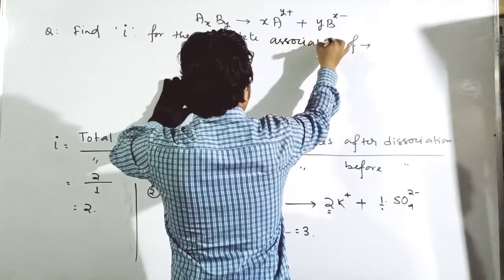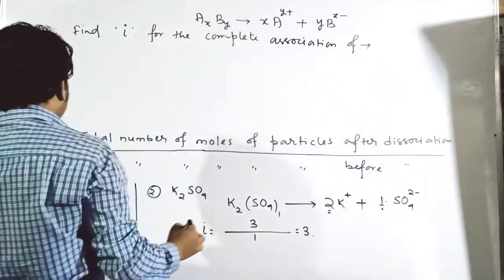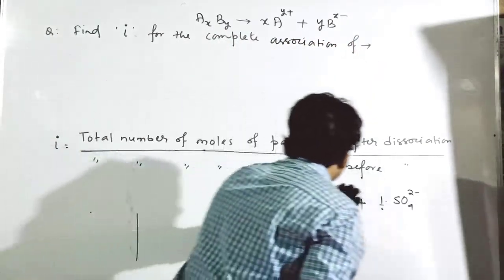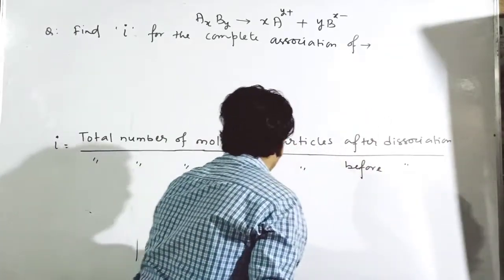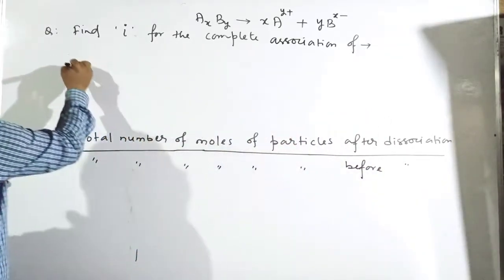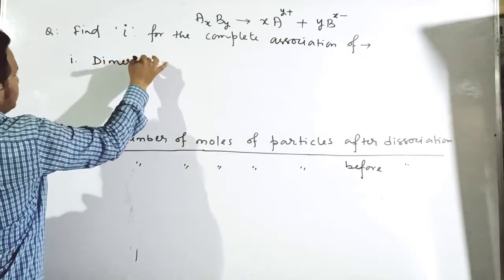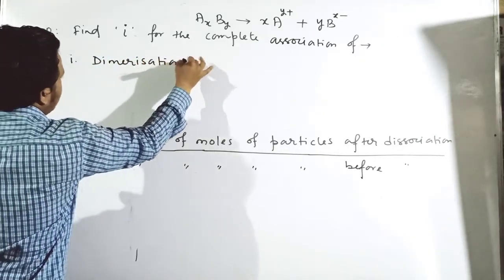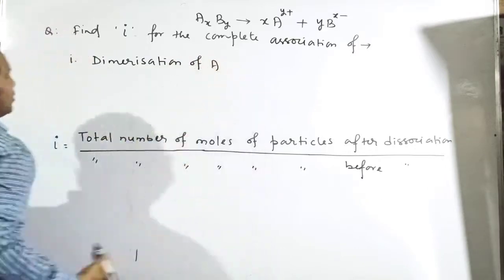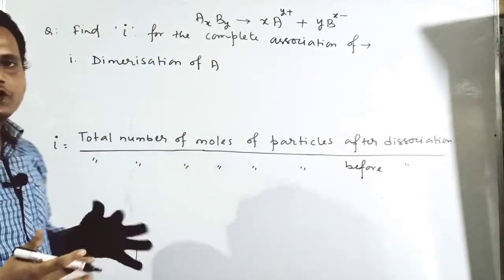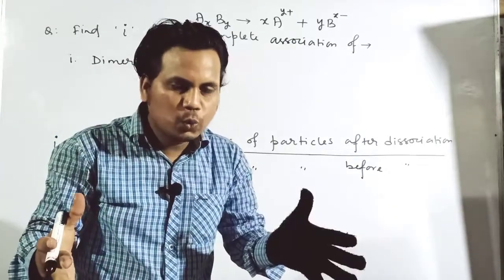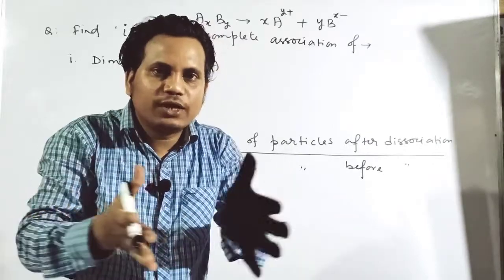Okay. Now first it is given, find I for dimerization of A. Dimerization means what? Two atoms of A join together.